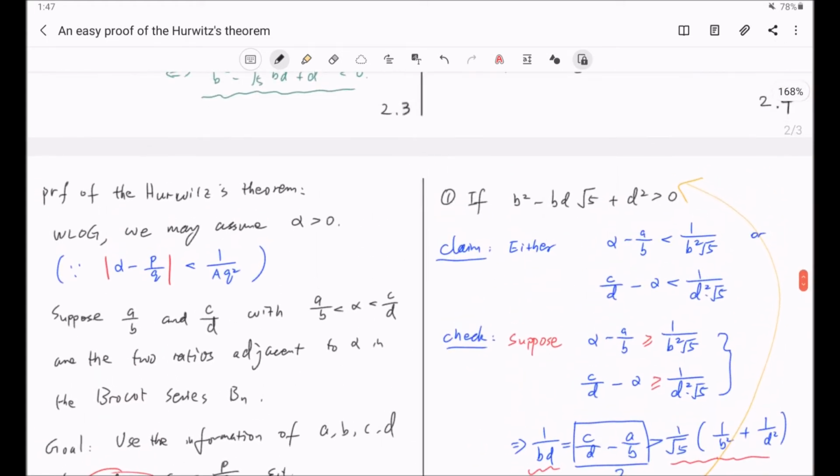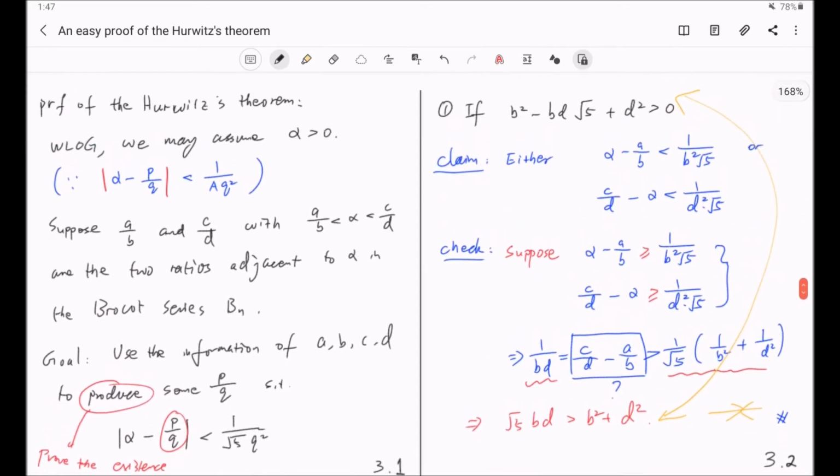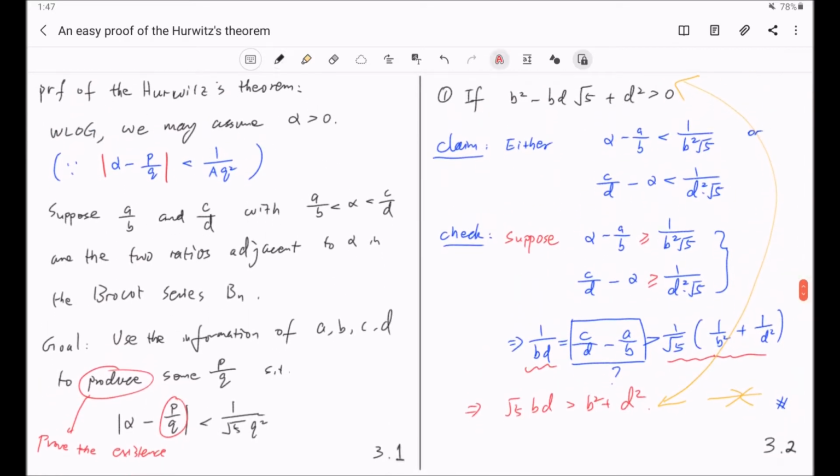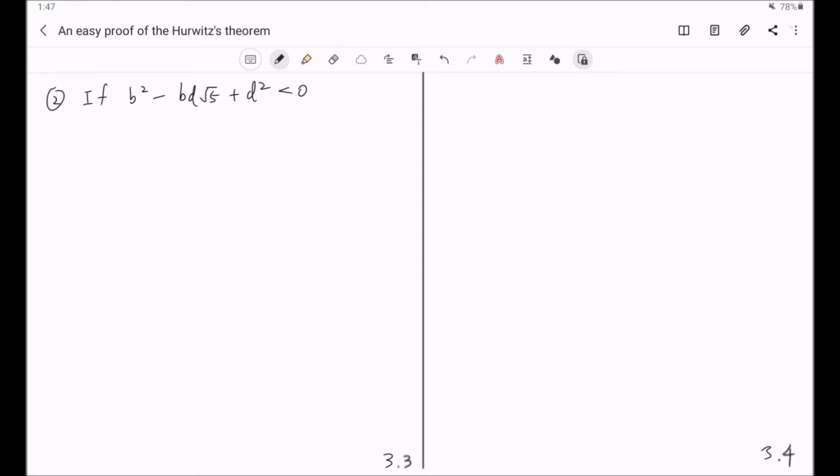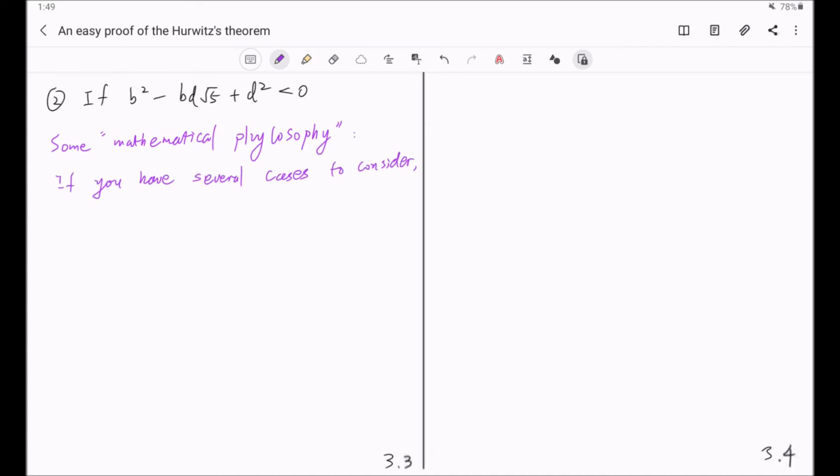Remember in our first case, this guy is assumed to be greater than 0. Okay, now how do we deal with this case? In mathematics, there's a general philosophy. If you have several cases to consider, and you have solved some of those cases, what can you do with the rest?